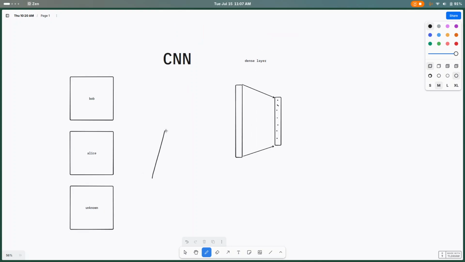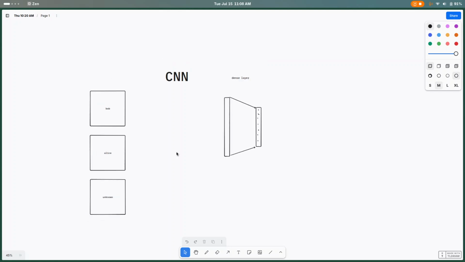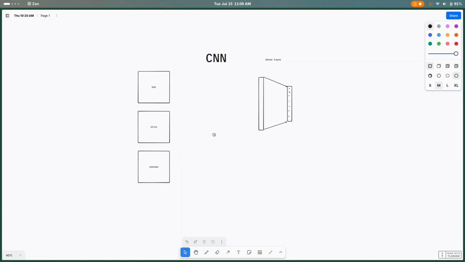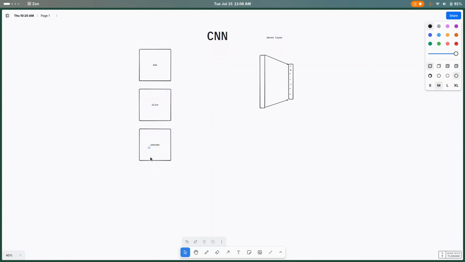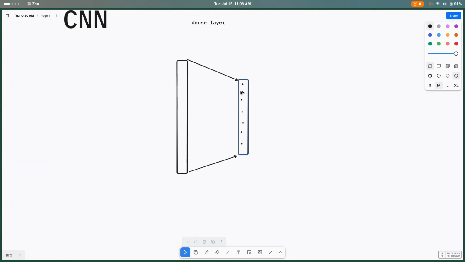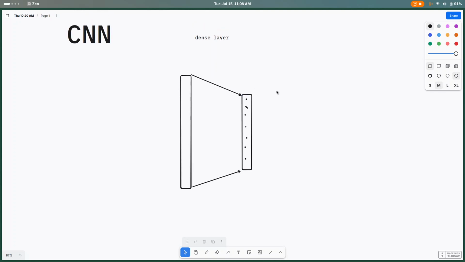So it is a problem in the following form. You have all of these faces that are available, but the number of faces can be extended. You don't really know how many faces are going to be there. And we cannot use fixed output classes anymore. We cannot have a predetermined number of classes at the end.